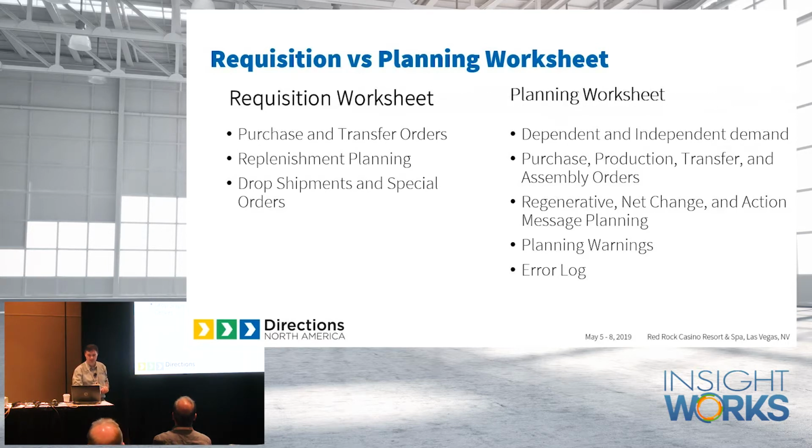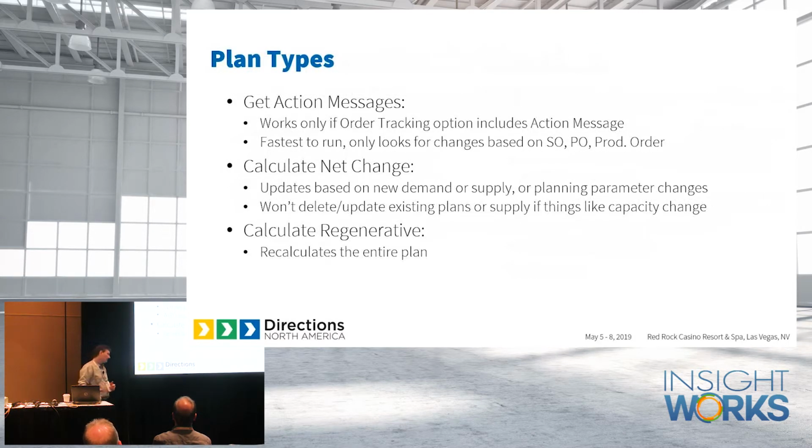All right, now who's actually seen the planning worksheet or had to run it or help the customer with it at all? A few people. It sucks, right? You get all these stupid messages. The planning worksheet is very noisy, but when you run that plan, you have a few different options.